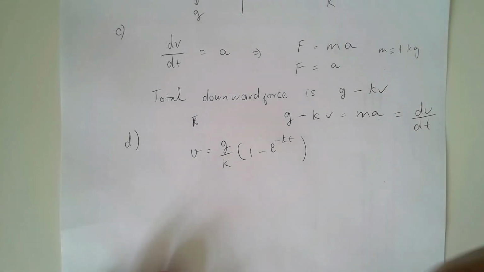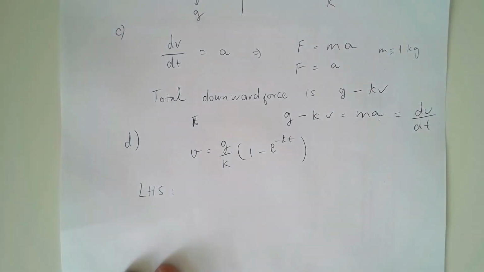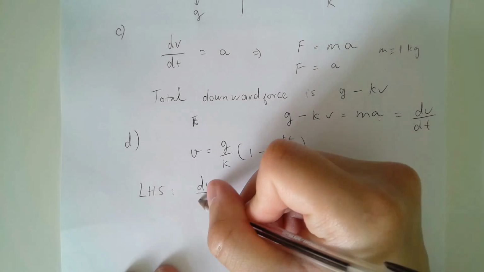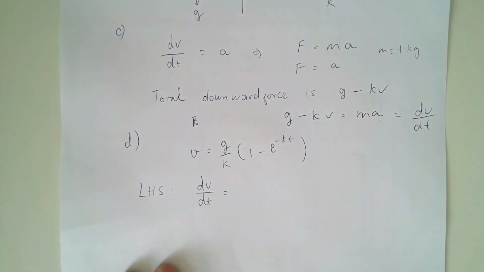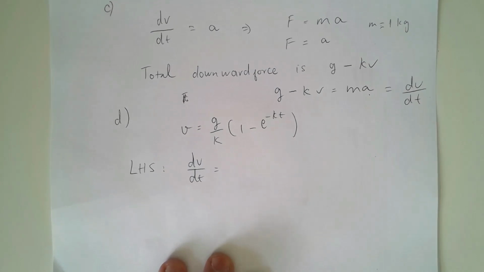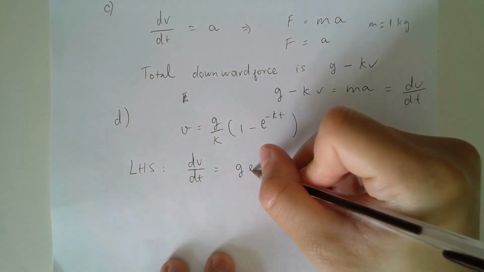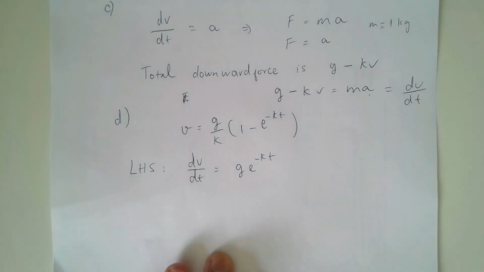Left hand side first, dV over dt equals g e to the minus kt.